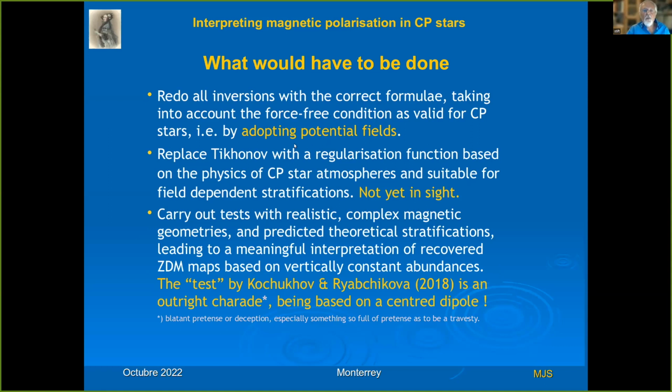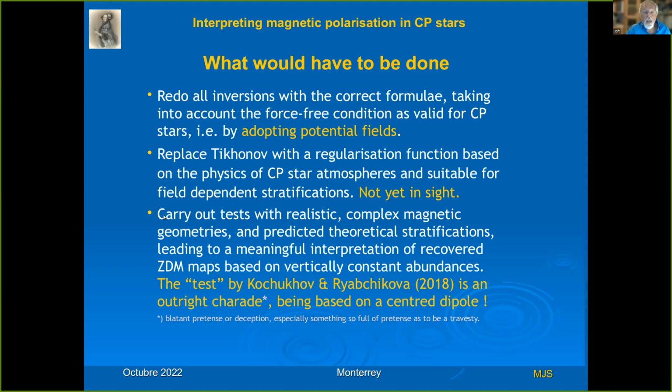So you have to adopt potential fields. Then you have to replace Tikhonov with a regularization function that really reflects the physics of CP star atmospheres and is suitable for field-dependent stratifications. There's none yet in sight, but perhaps someone will be inspired.